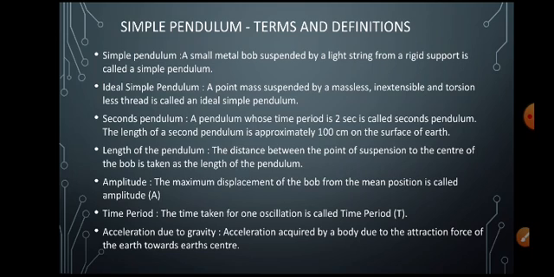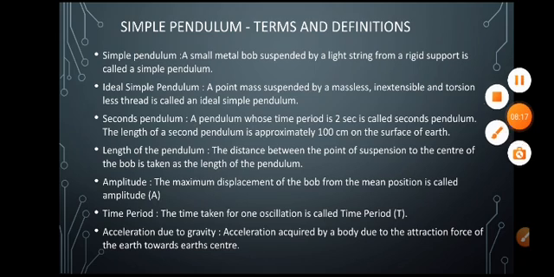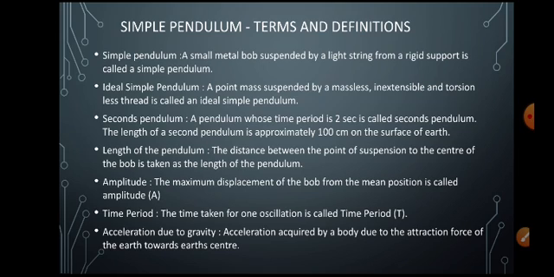The time taken to complete one oscillation is called the time period. How much time it takes to complete one oscillation is called the time period. The time period is represented by T. The unit for the time period is the second.